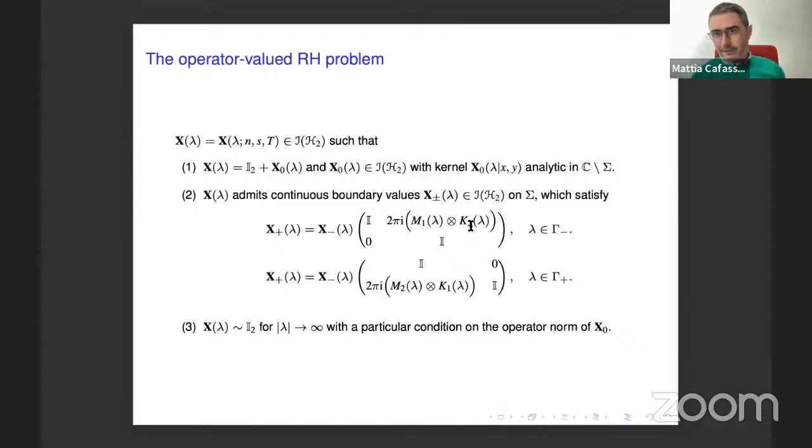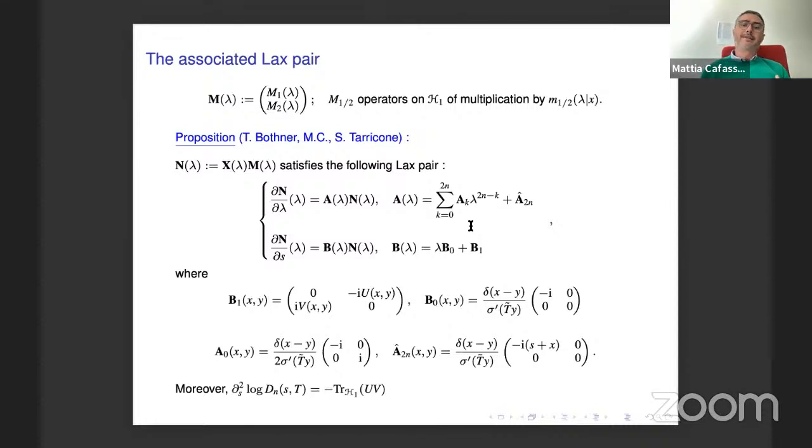Accordingly, having the Riemann-Hilbert problem, you can study an associated Lax pair, and the precise result is the following. Before, we designed these multiplication operators M1 and M2.